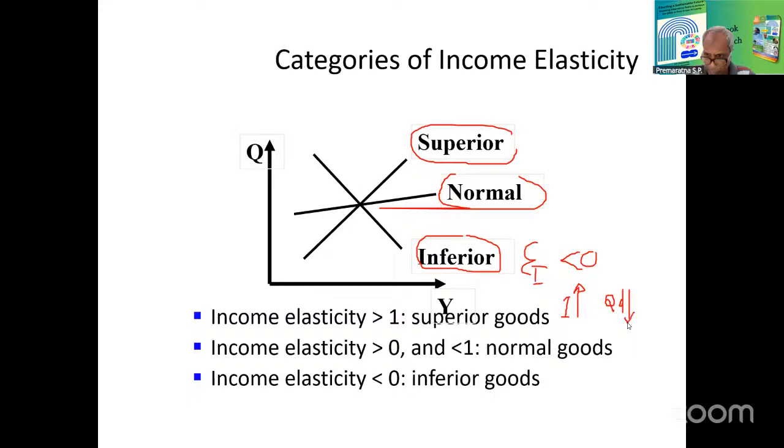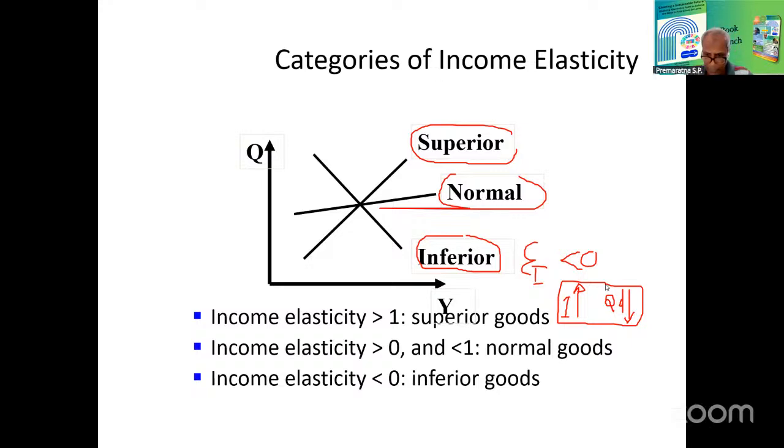So I'm not going to ask you, but we call some kinds of goods and services this kind of inferior good. When the income increases, your demand decreases. Okay.